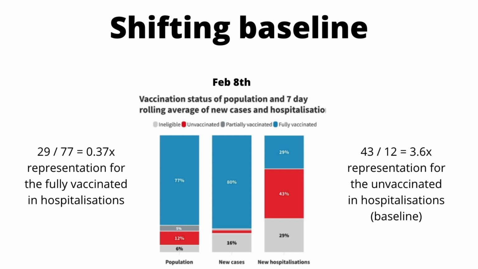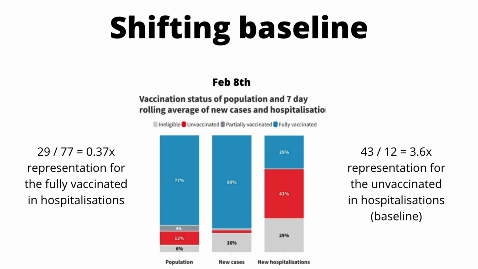On this chart, they are 77% of the population, but just 29% of new hospitalisations. So we divide 29 by 77 and see that this is a 0.37x representation, which is an underrepresentation. And remember, we're not arguing that the vaccine doesn't have a positive effect to start with, because it clearly does.